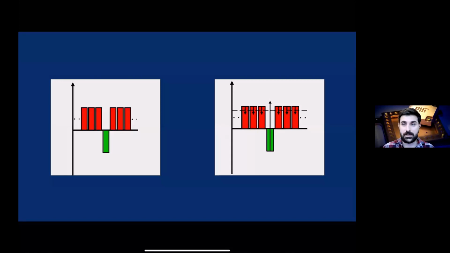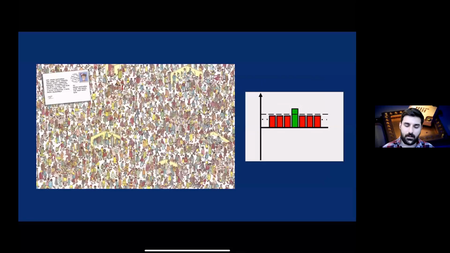So after one iteration of Grover, the green is a little bit higher than the red, but not significantly. So if I take a quick look at the picture, Waldo does look a little bit brighter, but that's not something that I can tell if I just take a quick peek at this for the first time.